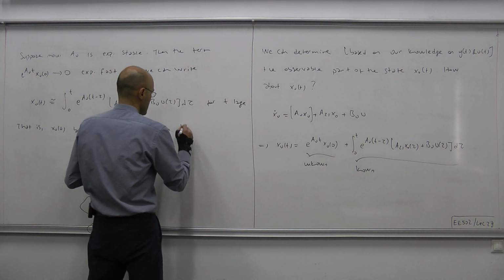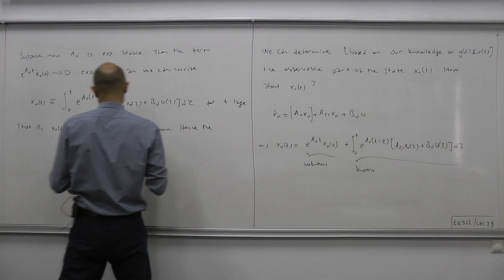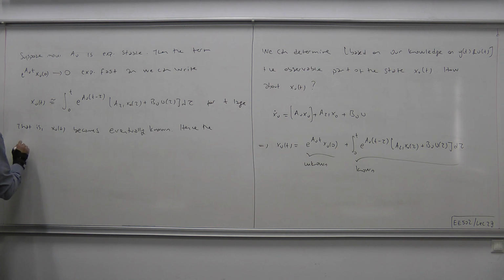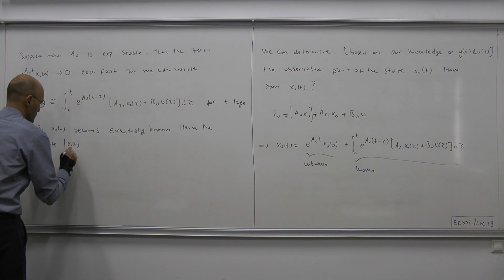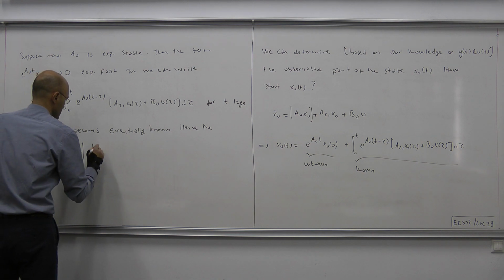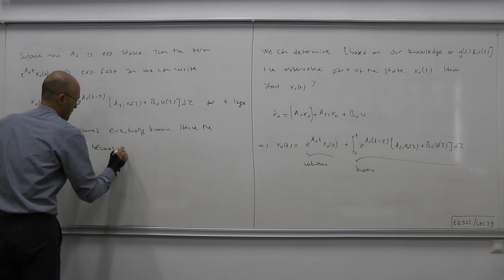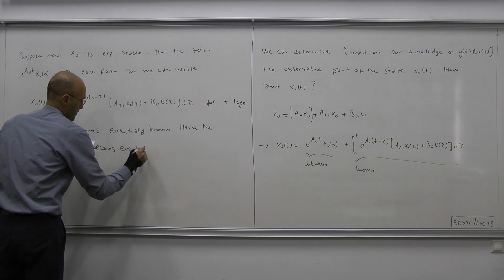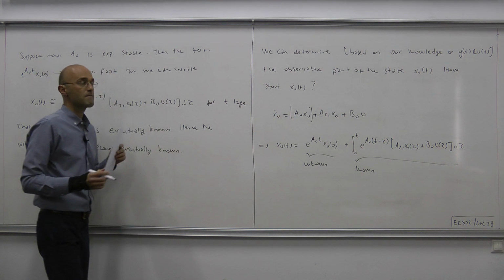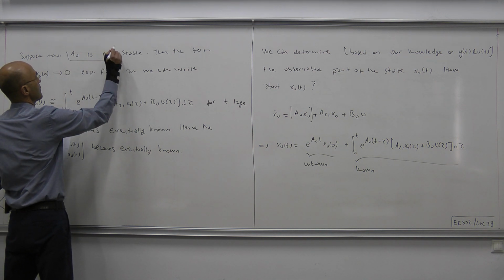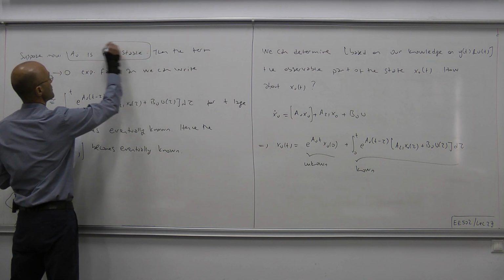Hence, the whole state x of t, xo and xu, becomes eventually known, if this is satisfied, exponentially stable.